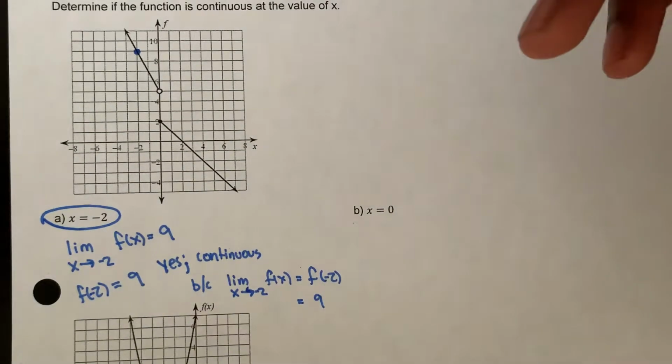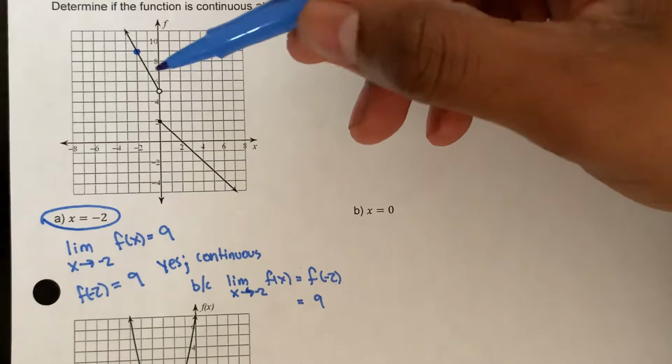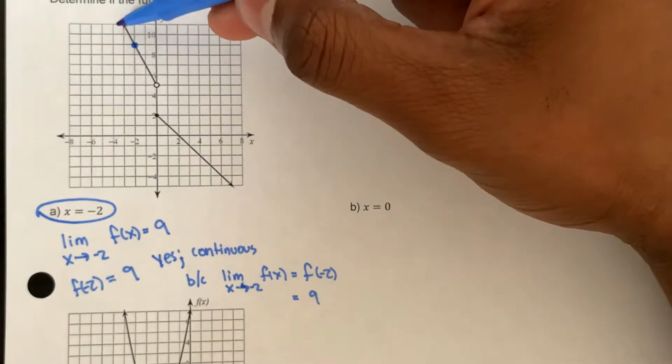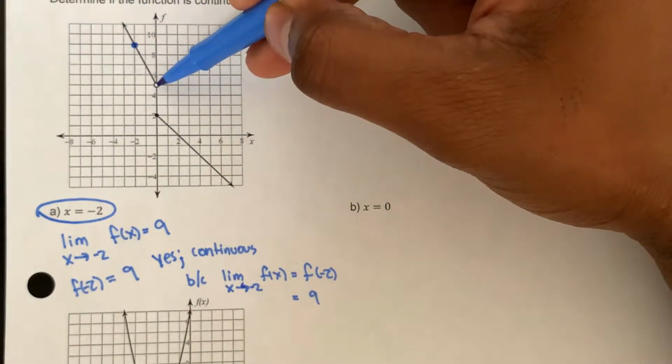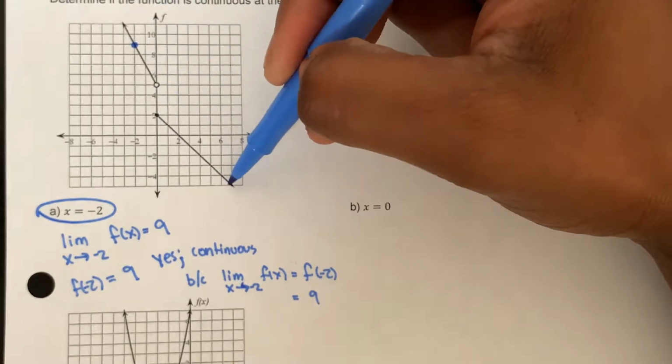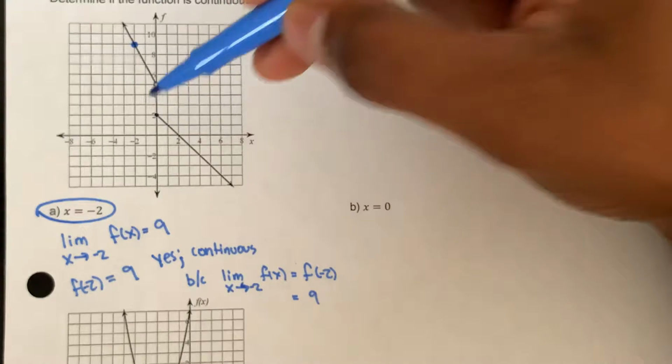Now, if we look at x equals 0, when x approaches 0 from the left, the limit is 5. And when x approaches 0 from the right, the limit is 2.